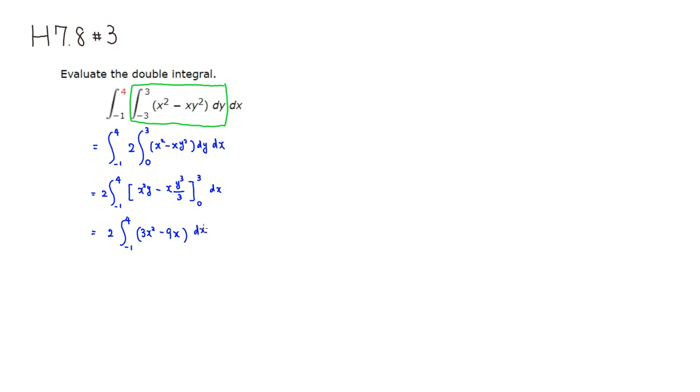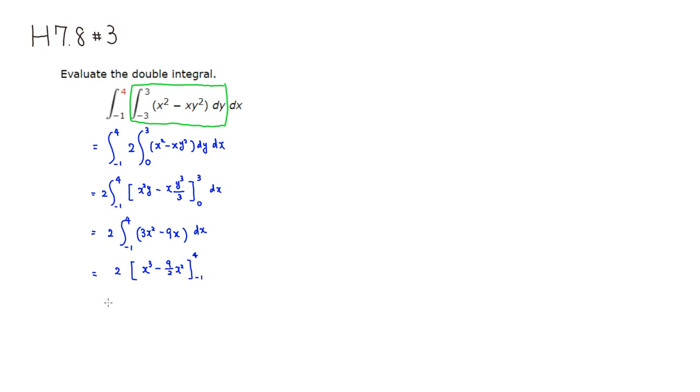Then you have 2 times the antiderivative: the antiderivative of 3x squared is x cubed, minus the antiderivative of 9x, which is 9 over 2 x squared. We're going from -1 to 4.